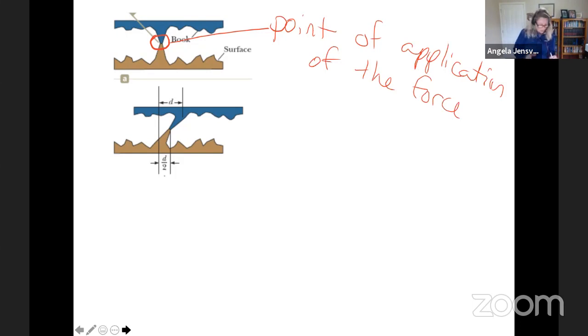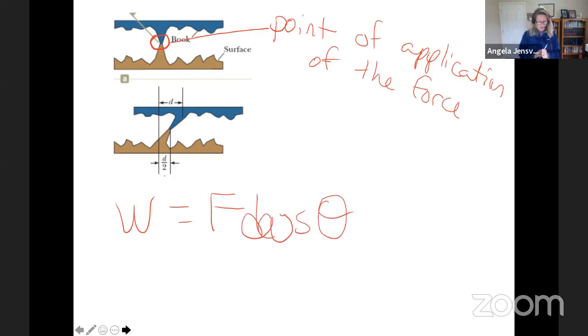So work is F d cosine theta, as we said before. But what is d? It's the displacement of the point of application of the force. How can we find that? Because it's very complicated. The friction force is spread out over, just like with the bristles, you had so many bristles. They were all moving at different rates, right?